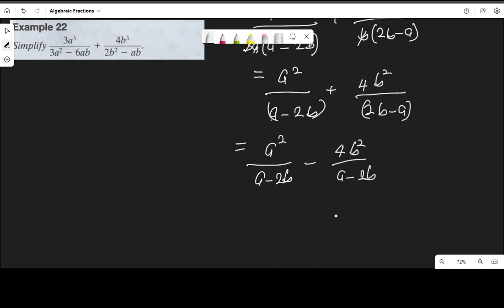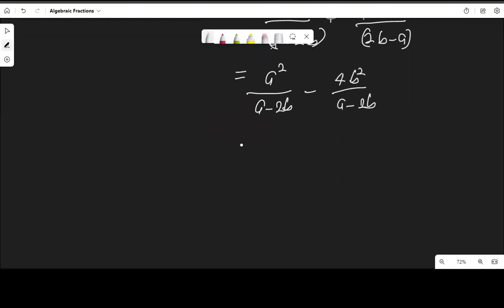Remember that when adding or subtracting fractions, if the denominators are the same, we can add or subtract the numerators, so this now becomes a squared minus 4b squared over a minus 2b. And this a squared minus 4b squared, again, we can apply the difference of two squares.